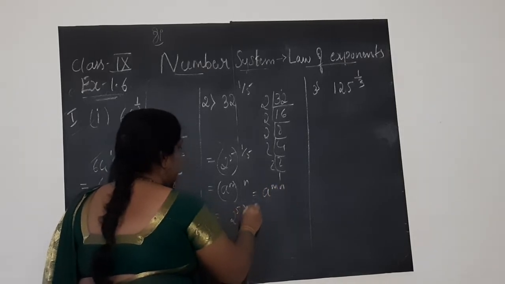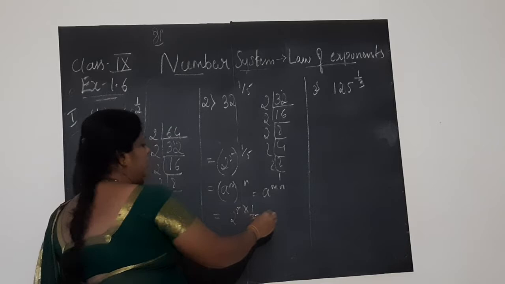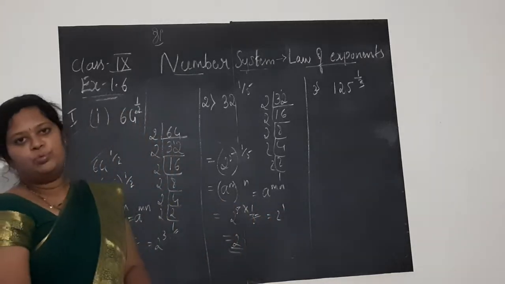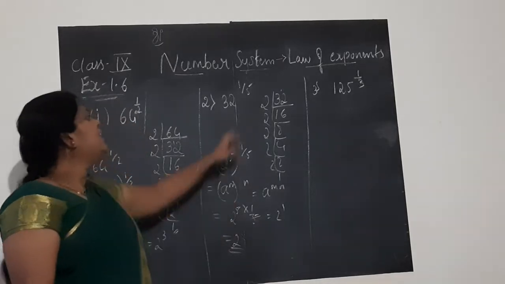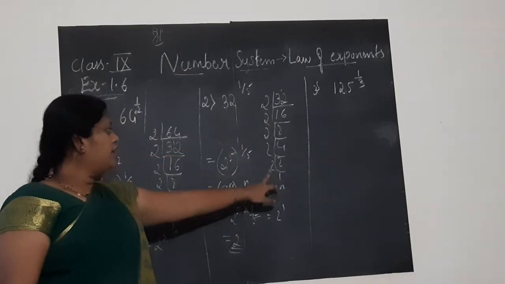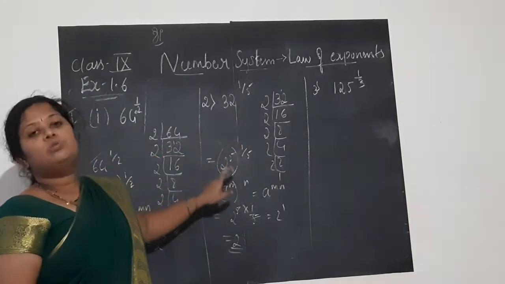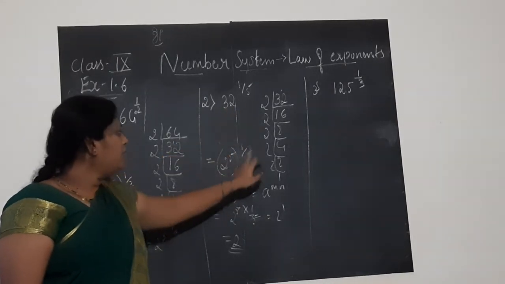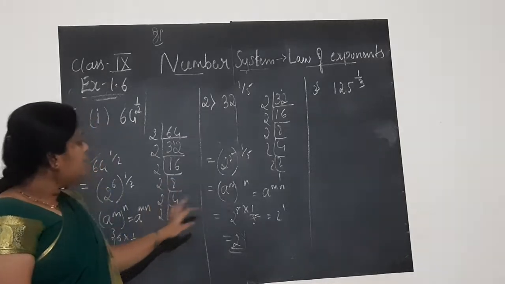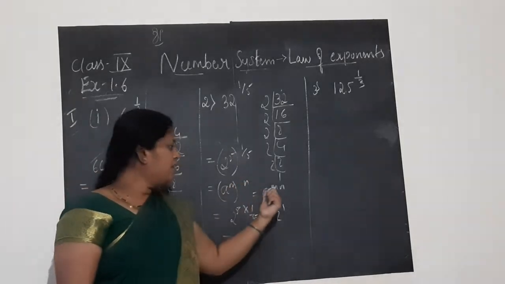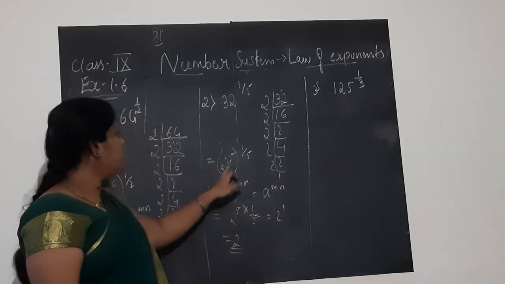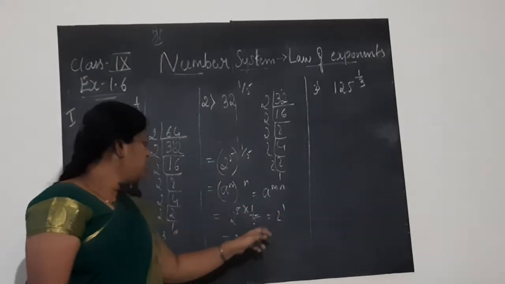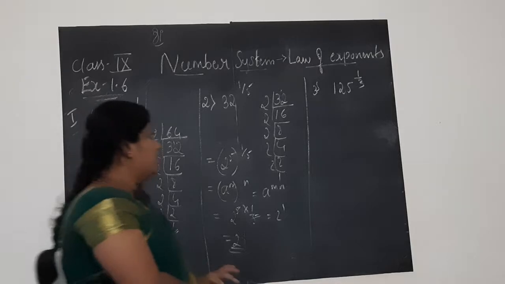So 2 to the power 5 into 1 by 5. 5 gets cancelled, means 2 to the power 1, which is simply 2. Hope you are understanding, children. Same LCM method we did for 32, and we came to know that 32 is 2 to the power 5. So replace 32 by 2 to the power 5 whole to the power 1 by 5 as it is. Again this is of the form (a power m) whole power n, which is equal to a power m into n. 5 into 1 by 5, the 5s cancel and you are left with 1. 2 power 1 is nothing but 2, which is the answer.